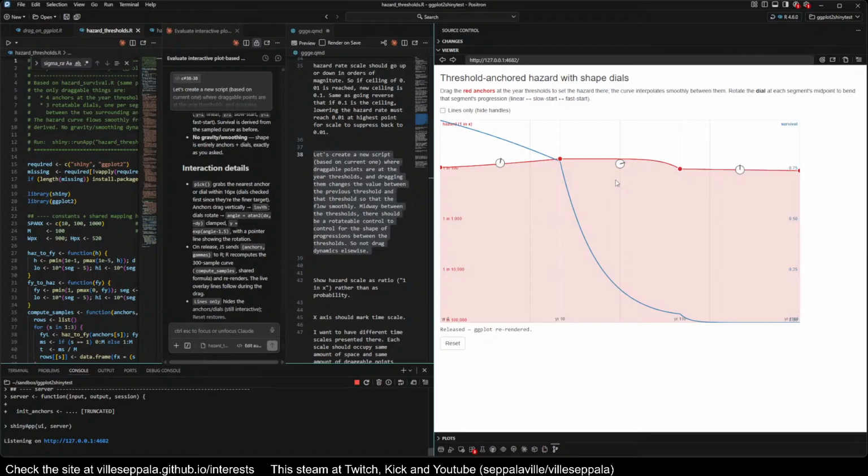I wonder if this could be done in another manner. What if there was one draggable point between these?